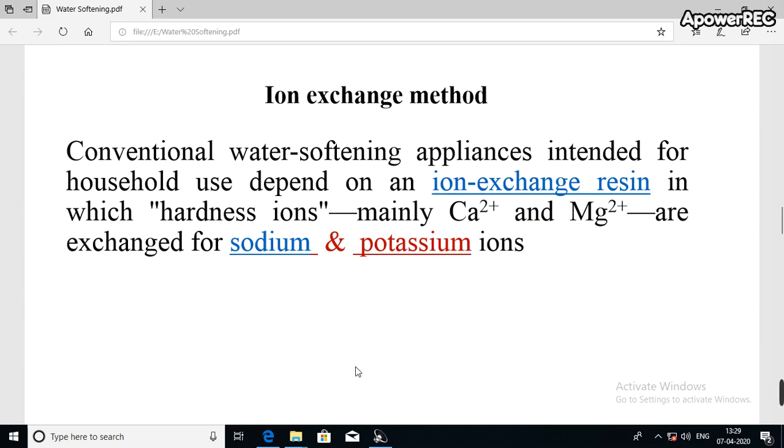So, we need to exchange those ions with the help of sodium and potassium, which are also positively charged cations, so that the hard water will not consume more soap.